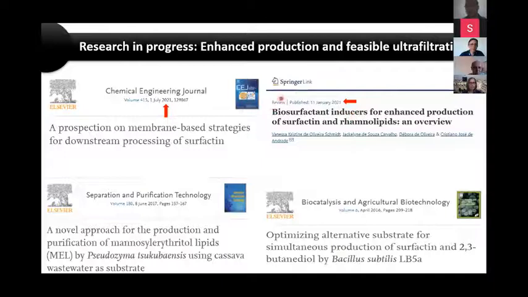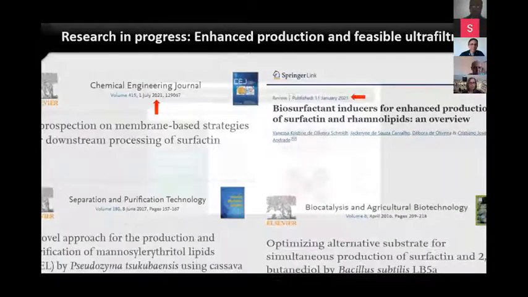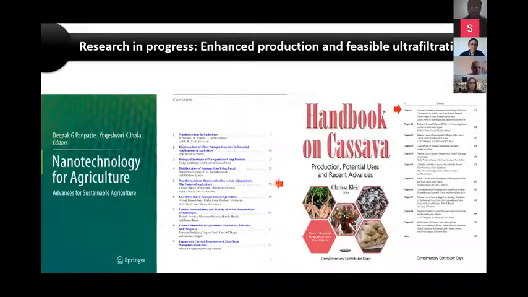Our group has also been working on biosurfactant inducers, in particular two kinds: hydrophilic and hydrophobic. In addition, we have two book chapters in which we describe the application of biosurfactants as eco-friendly pesticides.